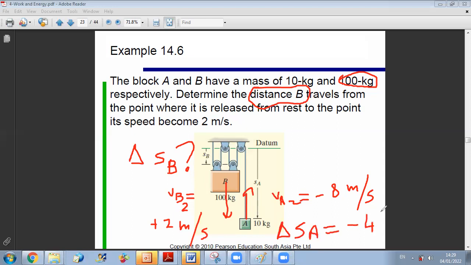Now, all I have to do is write the principle of work and energy, replace VB2 and VA2 by their values, and the only unknown will be delta SB.